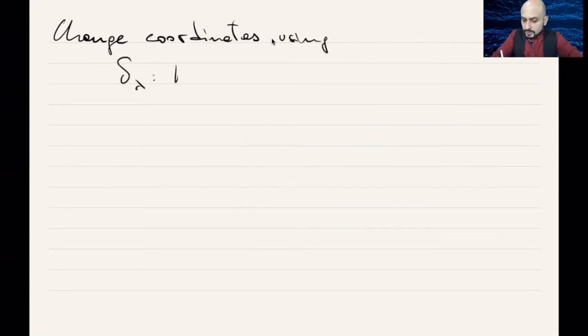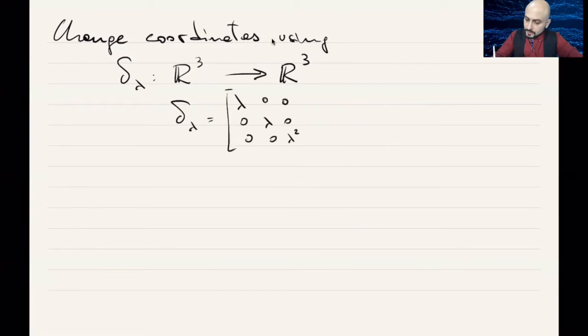We see delta lambda as a map from R3 to R3 that as a matrix is diag(lambda, lambda, lambda square). What we know is that in the coordinates of the Heisenberg group, this map is a group morphism. Of course, I'm writing R3 because I'm considering exponential coordinates.